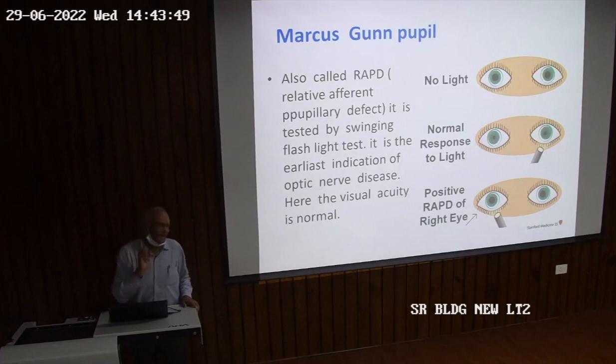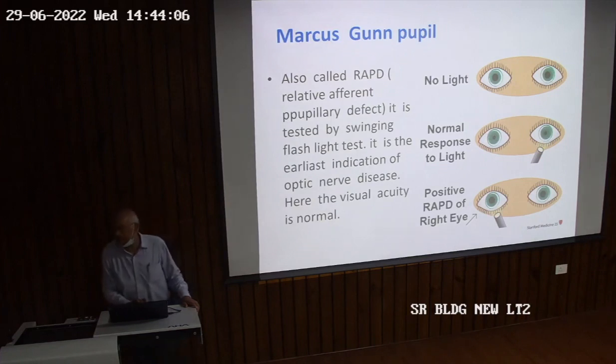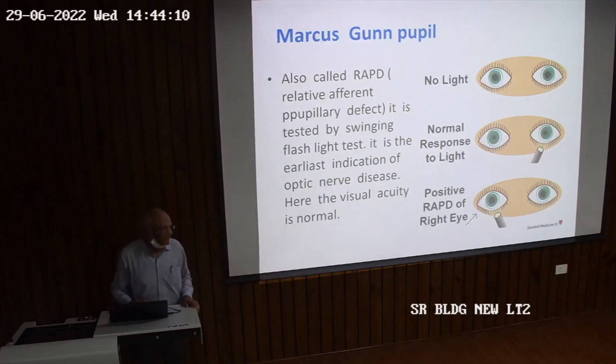This is the Marcus Gunn pupil or relative afferent pupillary defect, also called the swinging light reflex. If I ask you what is the swinging light reflex, what is the Marcus Gunn pupil, what is RAPD, relative afferent pupillary defect, it is the same thing. How to elicit it, I have shown you.